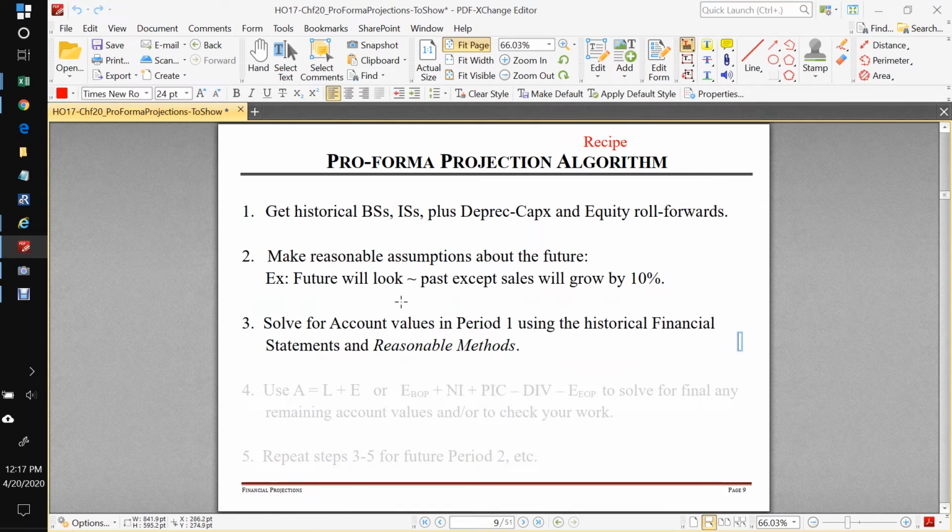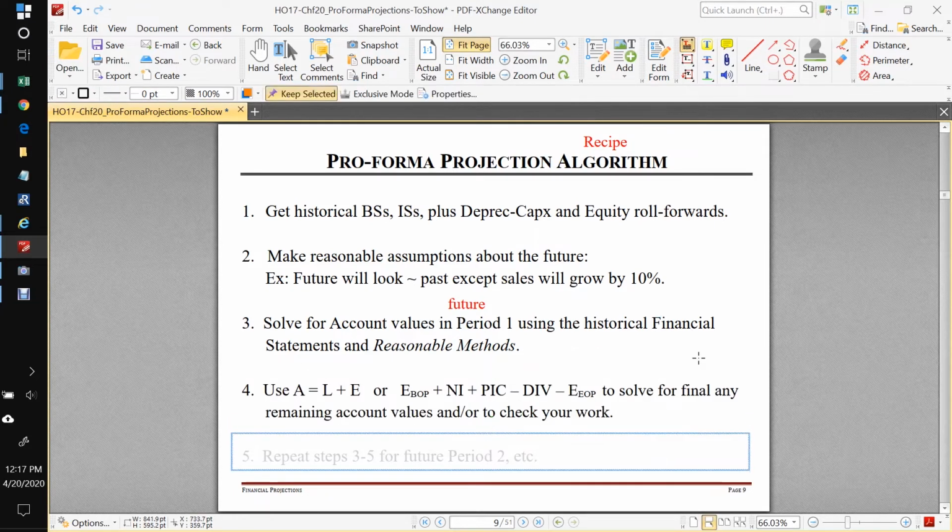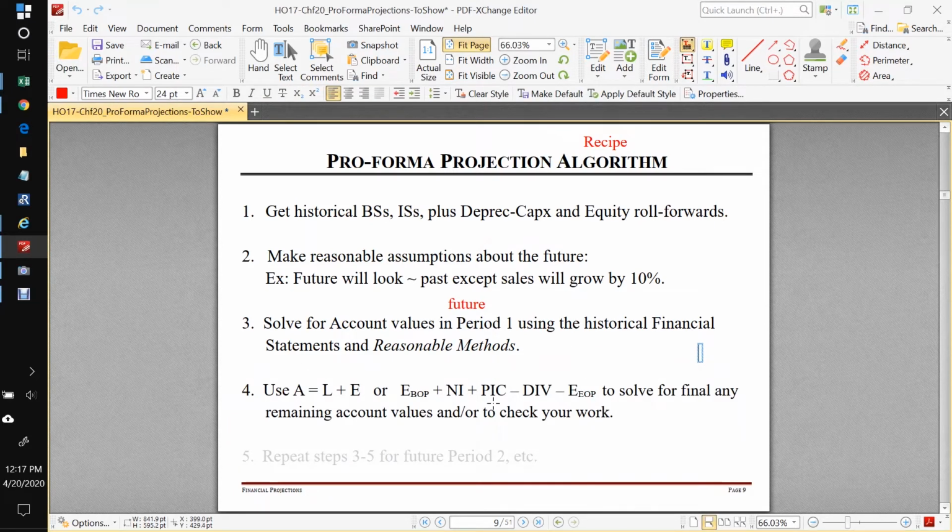We're going to, in future period 1 here, solve for account values using the historical financial statements, because in general, the future will look like the past, using reasonable methods. Then there might be some final values that we haven't gotten from a directive, or to say they're going to be proportional to sales.